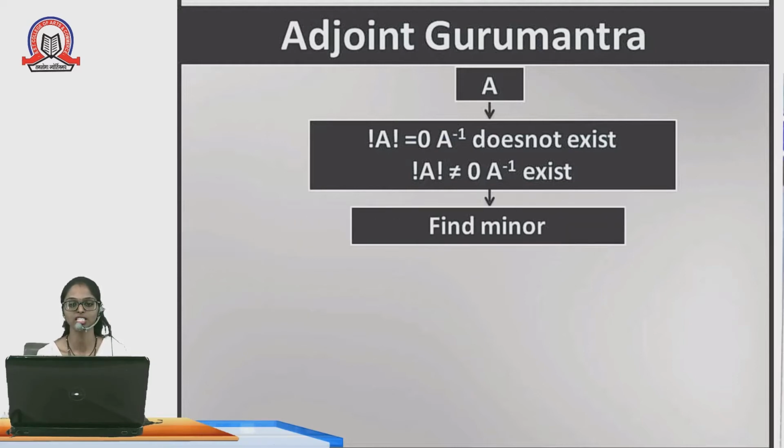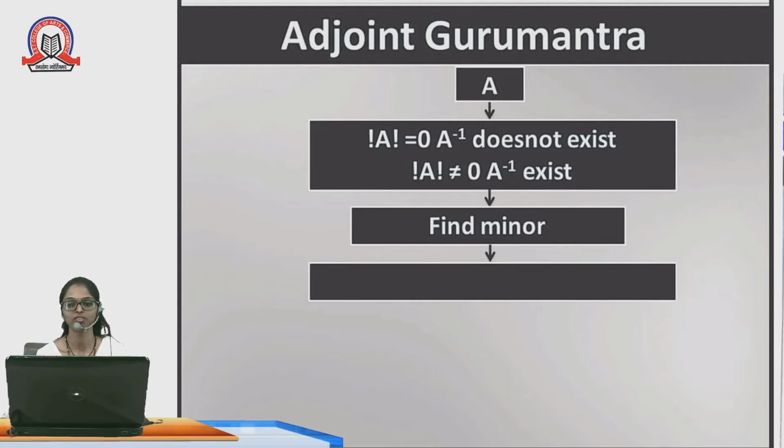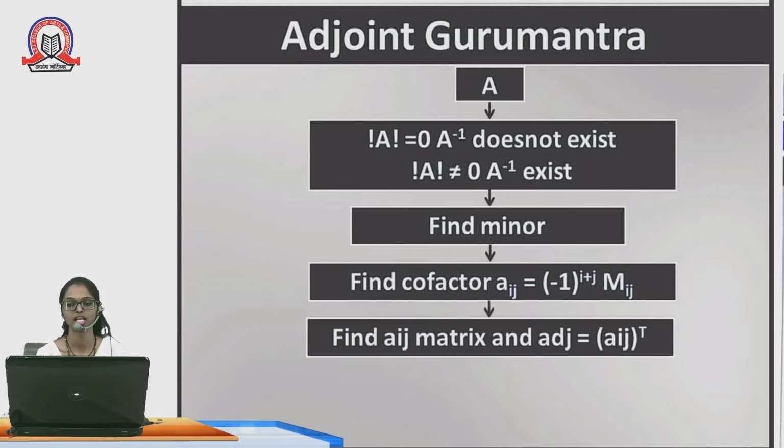If A inverse exists, then the next step is to find the minor of the elements. Before that, we find the cofactor elements, that is Aij is equal to minus 1 raised to i plus j into the minor element Mij. Next step is to find the Aij matrix and find its adjoint.